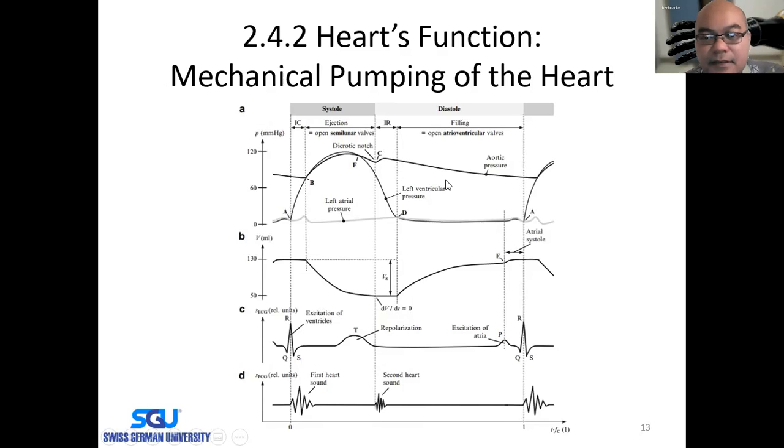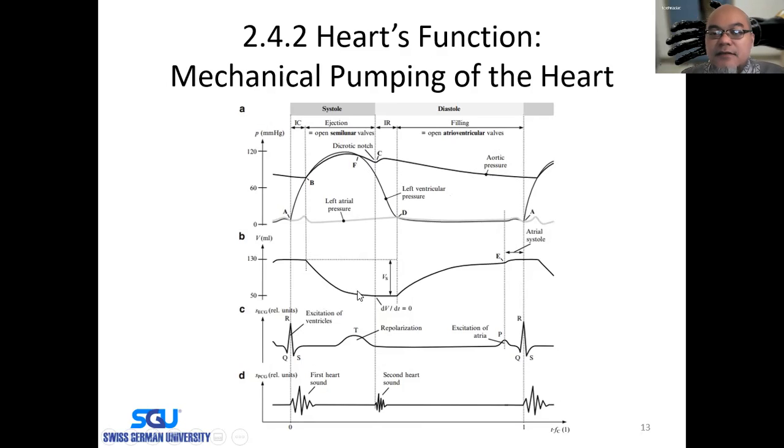Then afterwards, the atrioventricular valve is open. This is where the blood starts to flow again from the atrium into the ventricles.